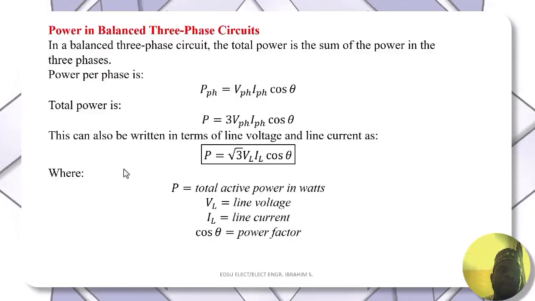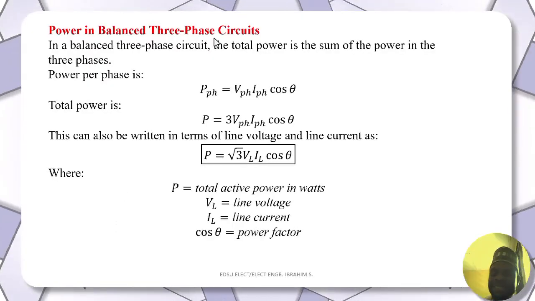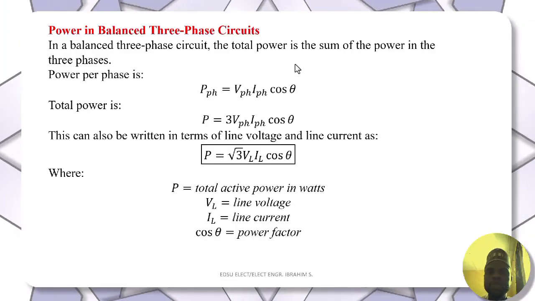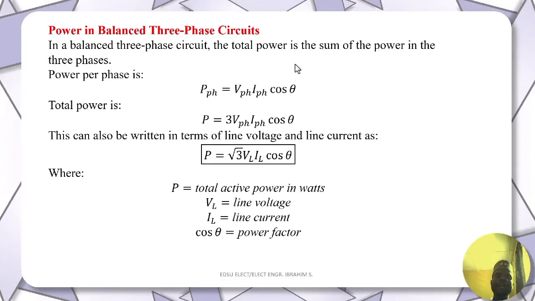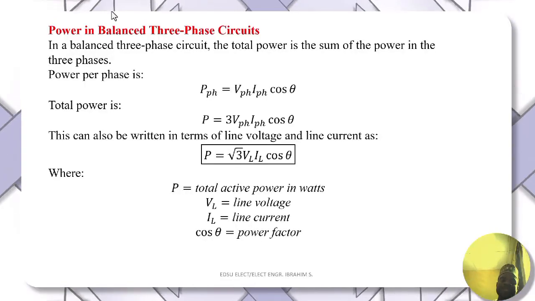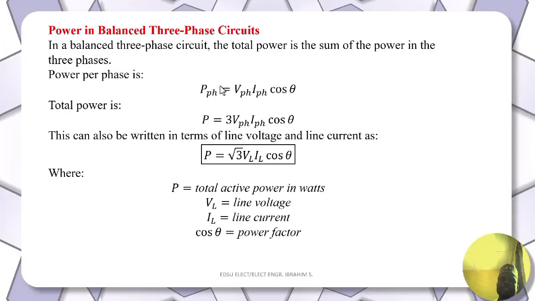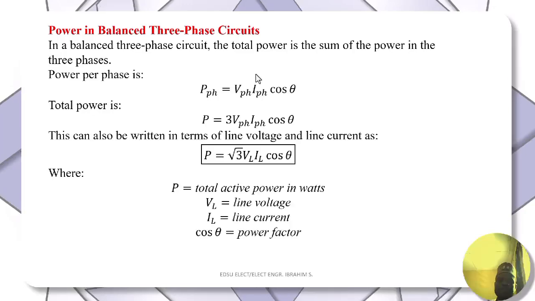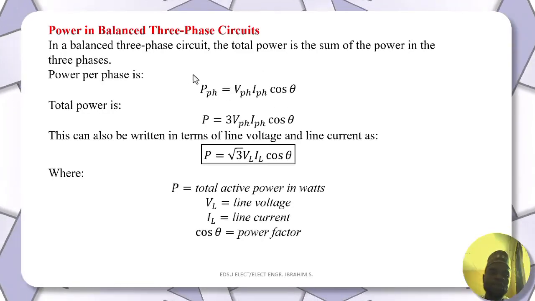Yes. Now, power in a balanced three-phase circuit. In a balanced three-phase circuit, the total power is the sum of the power in the individual phases, right? So if this is the power per phase, then I have my V phase, my I phase, cos theta. Don't forget this is the real power.